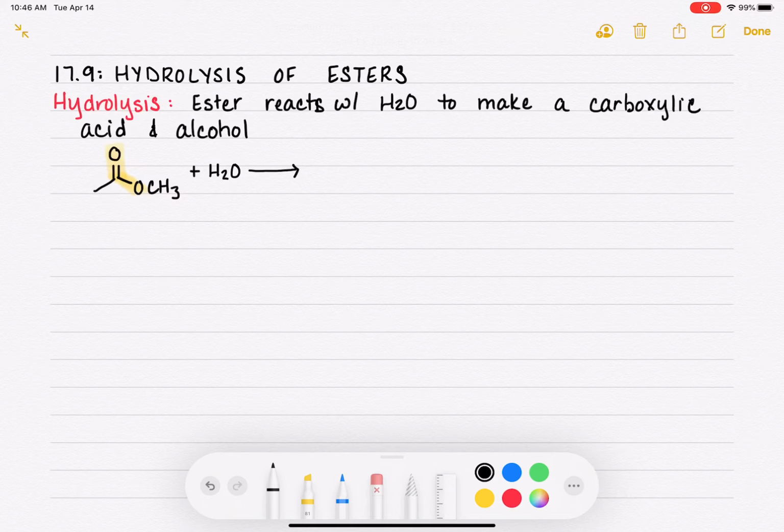It's literally the exact same reaction, only in reverse. So for the acid catalyst, I'm going to write H plus underneath the arrow. And we'll talk about some of the other ways that we could write the acid catalyst. And the product of this reaction is a carboxylic acid and an alcohol.